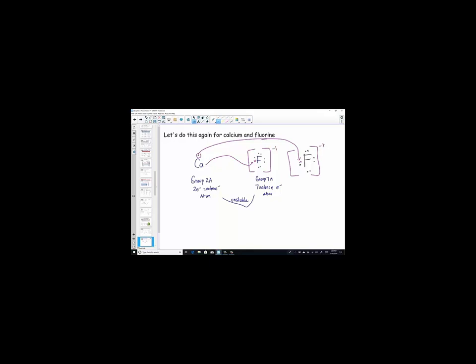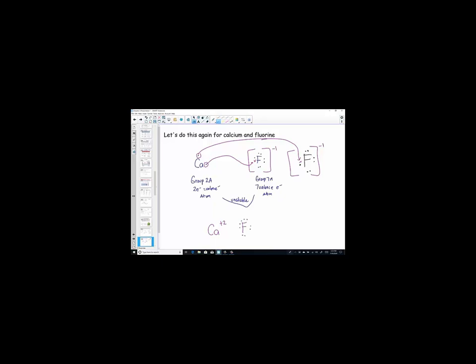And when it does, it took 2 units of fluoride, each at a -1, to electrically balance the calcium, who now results in a +2. Calcium lost 2 electrons. It will be written as Ca +2. Each fluoride gained 1 electron. So I have 2 units of F-1.